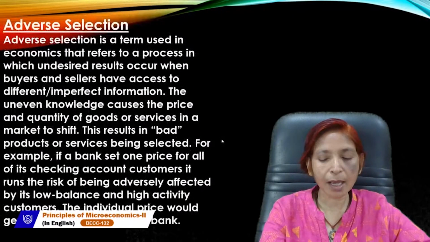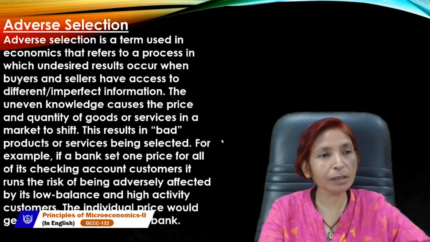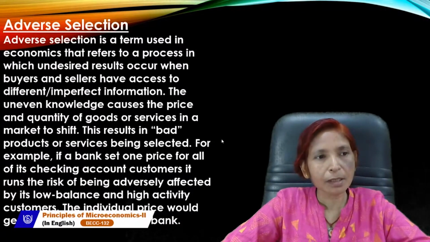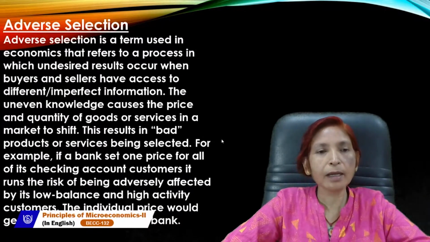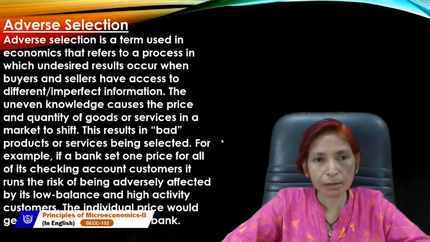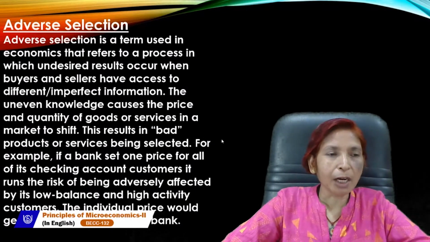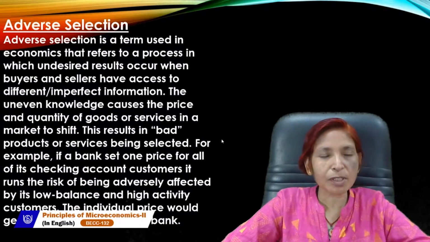Now, what is adverse selection? Adverse selection is a term used in economics that refers to a process in which undesired results occur when buyers and sellers have access to different or imperfect information. As is clear from its name, adverse selection means we select the wrong thing.